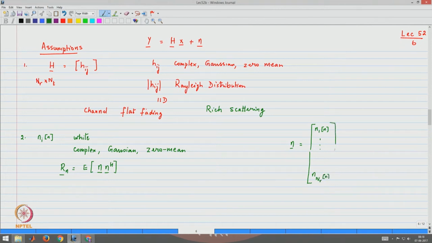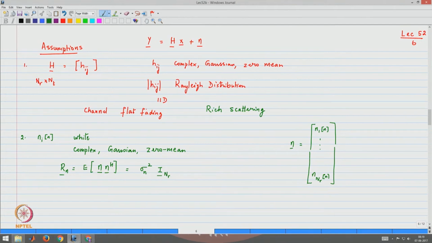If this is the vector representing the noise samples, then expected value of n times n Hermitian, because they are complex white Gaussian noise samples and they are uncorrelated with each other, we can write down this expression as sigma n squared times I, the identity matrix, with the dimensions of that being NR. So, that would be the description of the noise components.